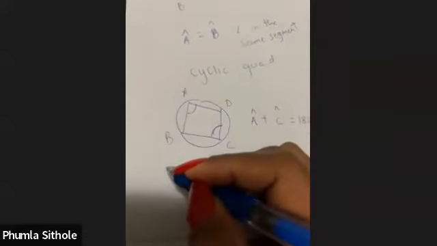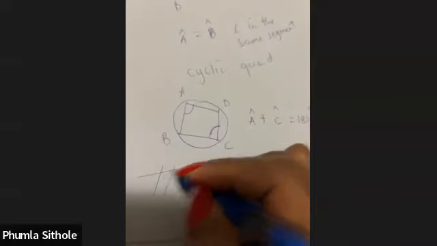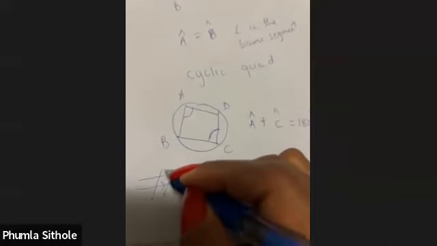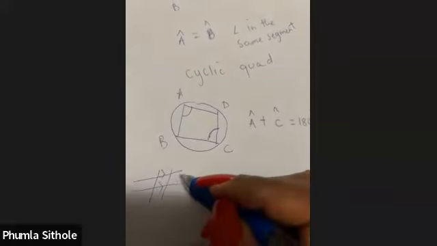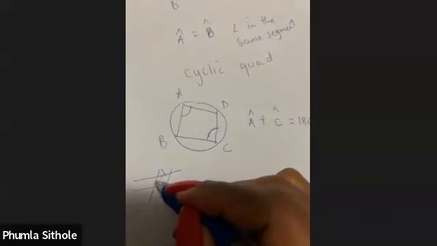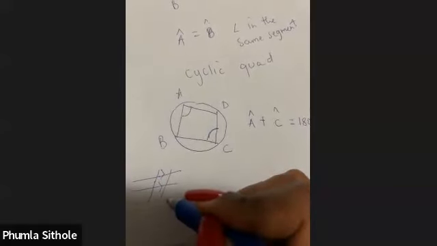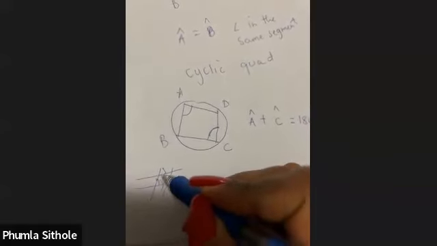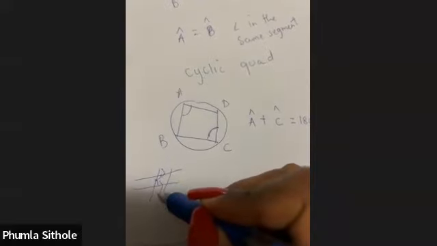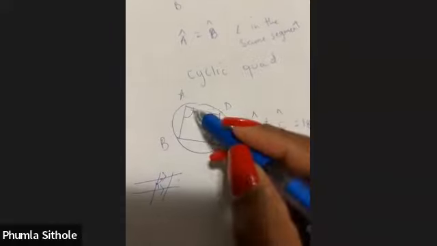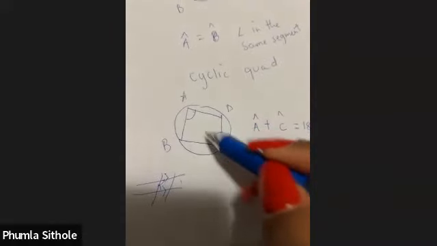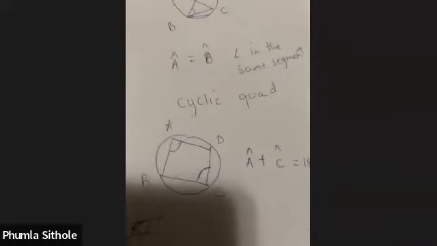But let's say you were having a normal one where two lines are parallel. That's where you would use the cointerior angles, where these two add up to 180. So this is not the case for a cyclic quad. You add the opposite angles, right? Okay.